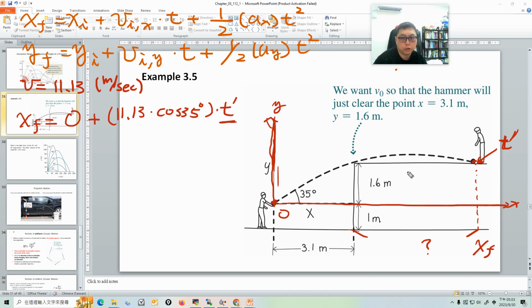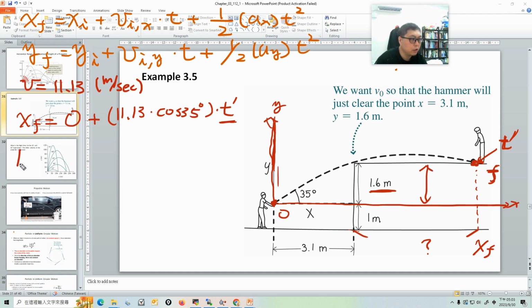So the equation of motion for the y component: what's the y coordinate of the object at the final state? It's also 1.6, because we set the origin here, and this is 1.6.